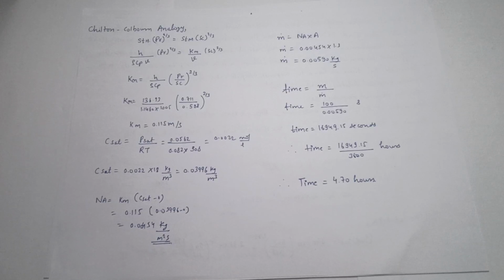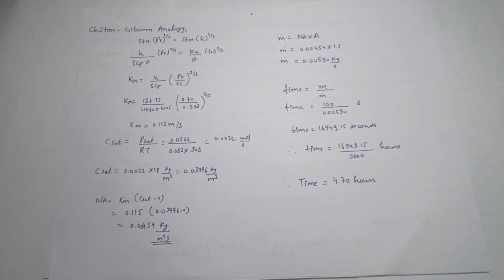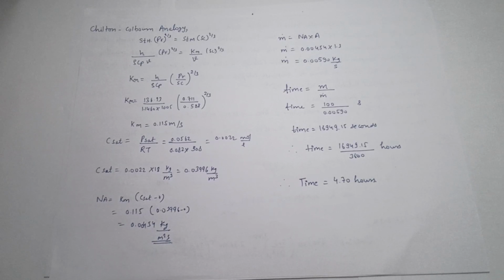If we keep these two things in mind, we can get the correct answer. Also, do not forget to convert into appropriate unit for Csat in terms of kg per meter cube, because the mass of water is 100 kg. You cannot take it in terms of moles, otherwise your calculation will go wrong due to not balancing the dimensions.